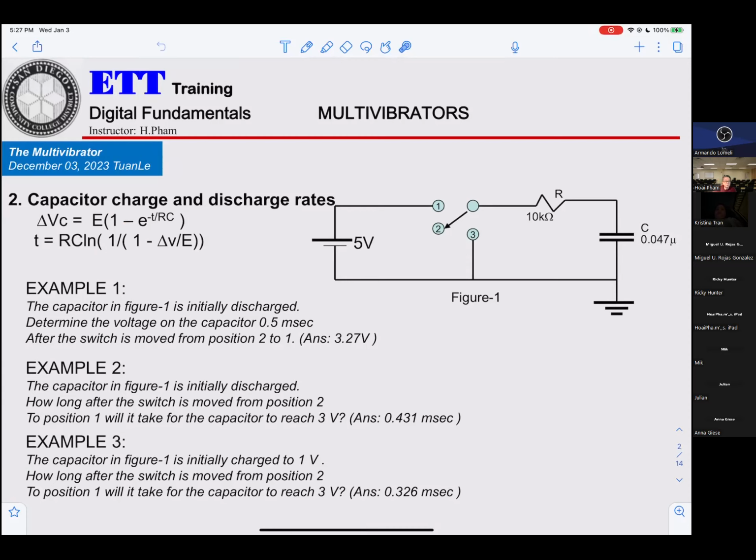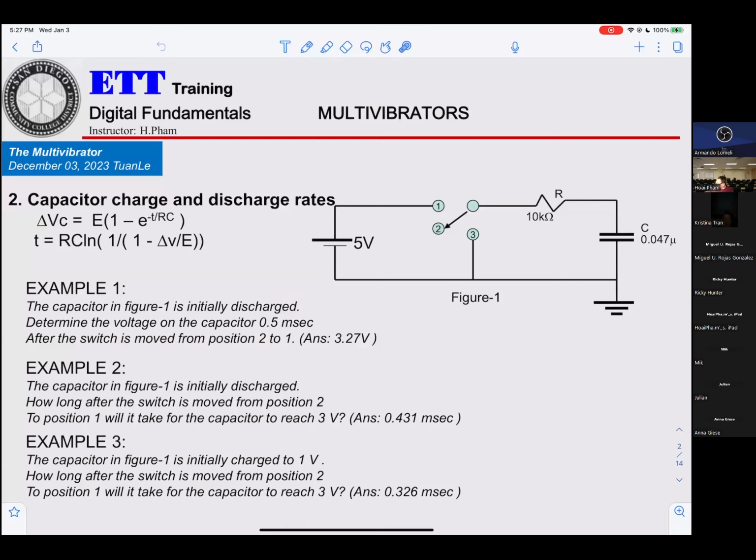Example 1. The capacitor in figure number 1, in this circuitry here, is initially discharged. That means the capacitor will be 0 volts at the beginning. Determine the voltage on the capacitor 0.5 milliseconds after the switch is moved from position 2 to 1.